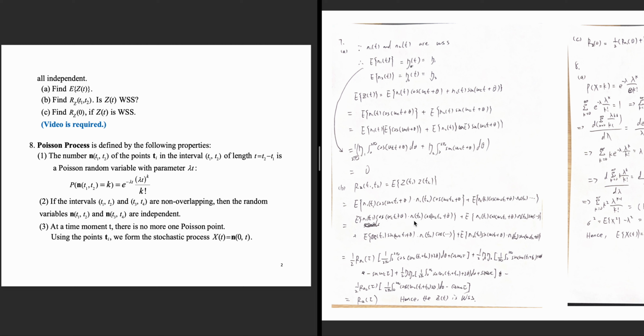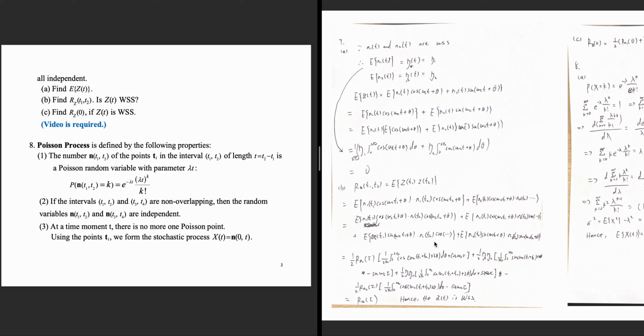The E[N1(t1) cosine times N1(t2) cosine], plus the E[N1(t1) cosine times N1(t2) sine], and this is the E[theta 1 theta 2], the E[N2(t1) sine times N1(t2) cosine], and the last item.